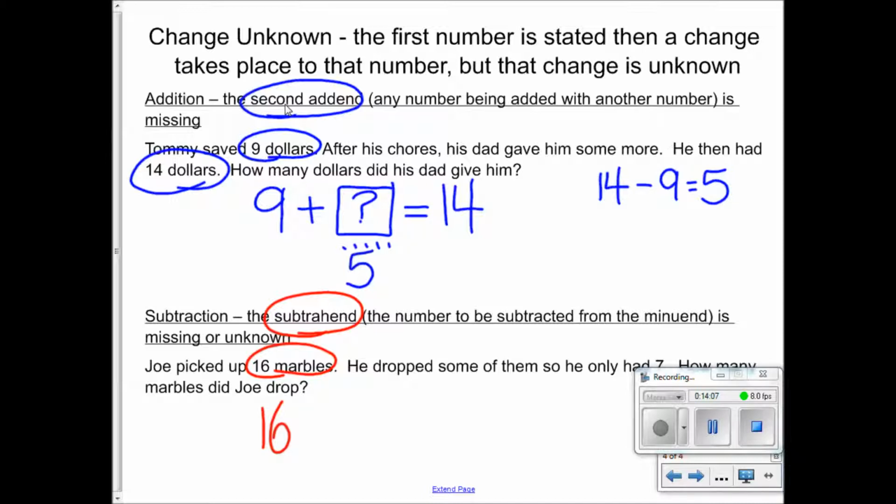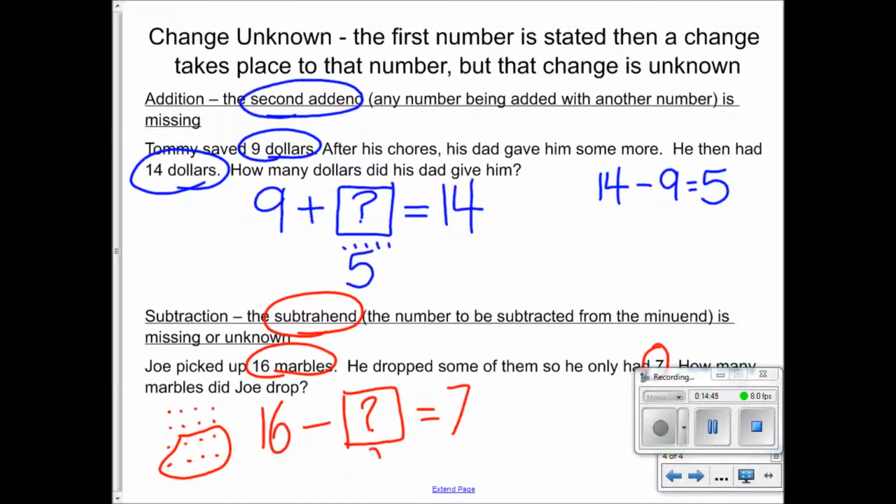There's that missing number. So are we getting more? Did some go away? So we're subtracting. We don't know how many to subtract because we don't know how many he dropped. But after he dropped some, then he only had 7. If we have 16, and he still has 1, 2, 3, 4, 5, 6, 7, he still has these, then he must have dropped this many. 1, 2, 3, 4, 5, 6, 7, 8, 9.